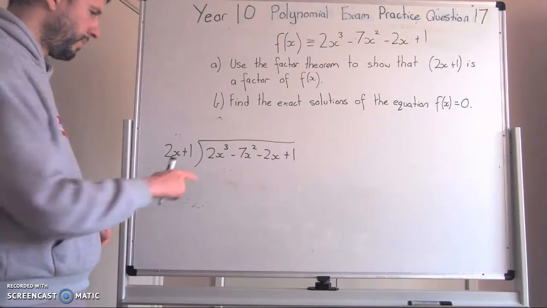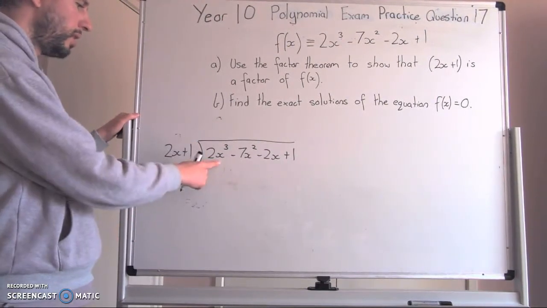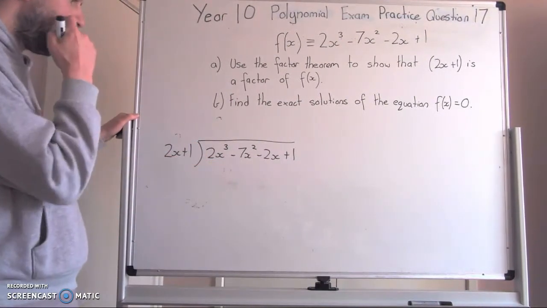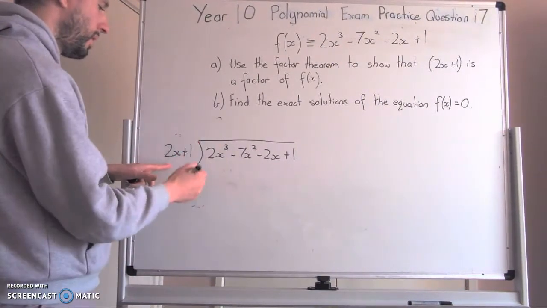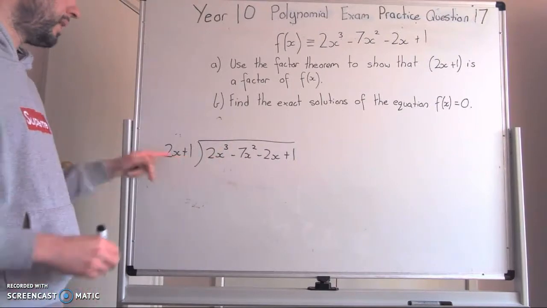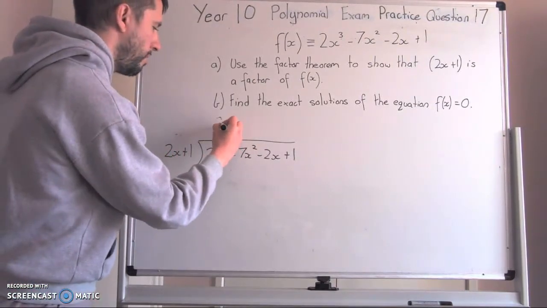So let's have a go. 2x^3 divided by 2x. 2 divided by 2 is 1. x^3 divided by x is x^2.